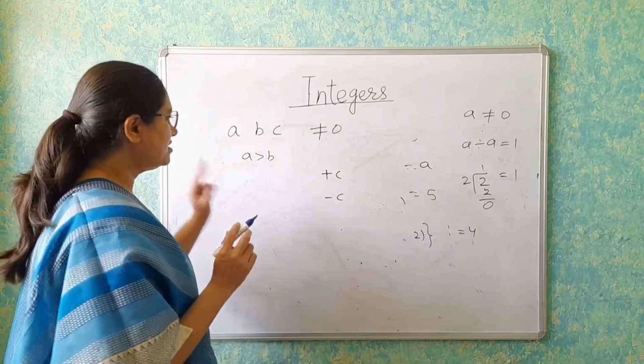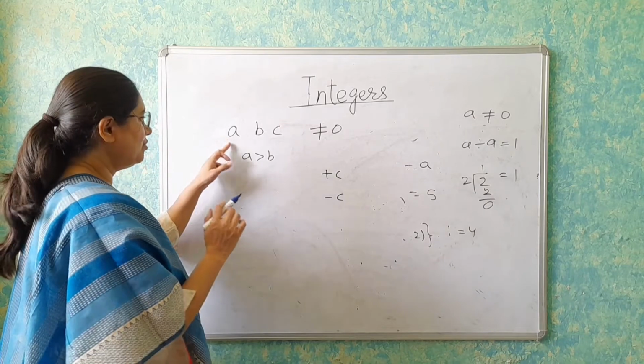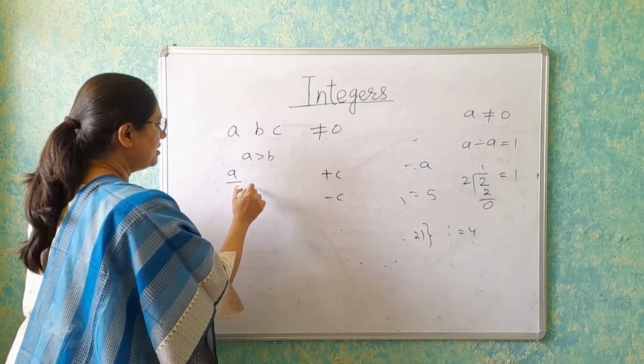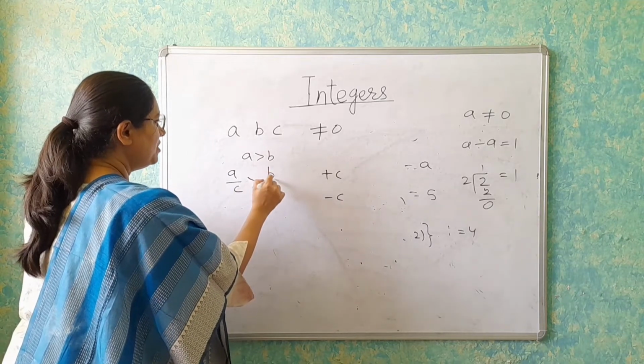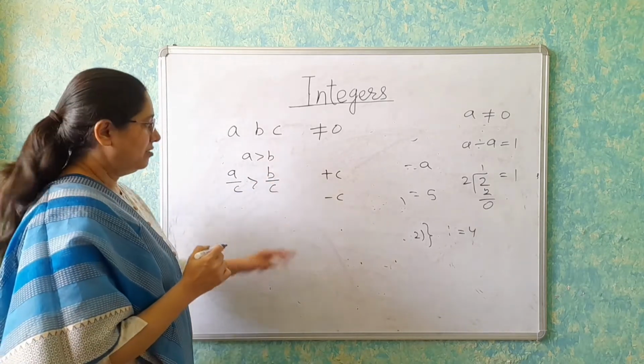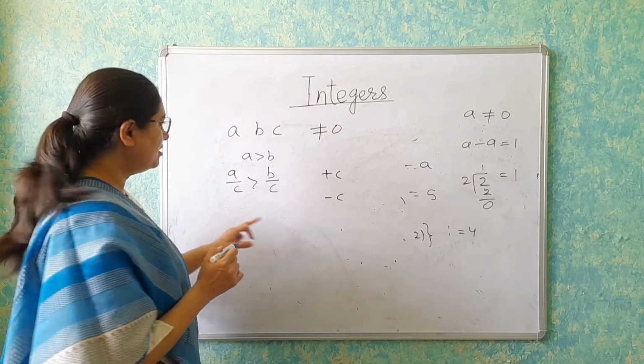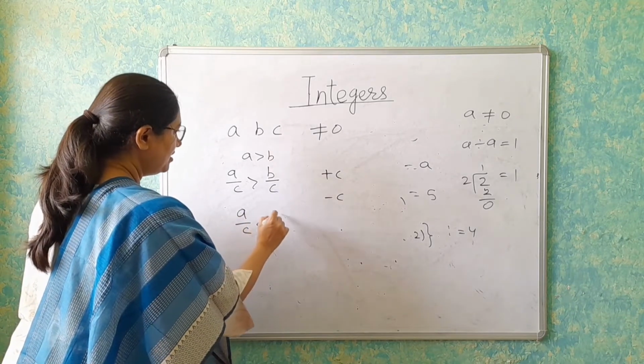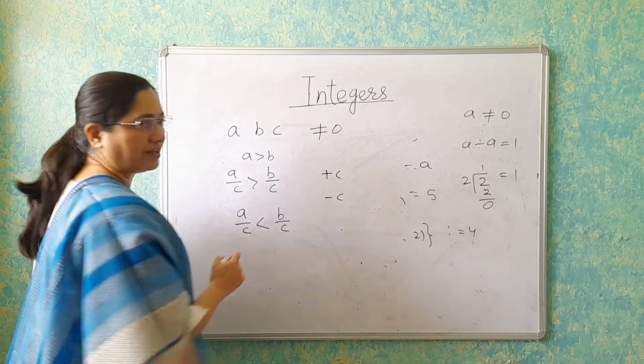In both cases, I will tell you what will happen. If c is a positive integer, in that case, a upon c is greater than b upon c. But if c is a negative integer, in that case, a upon c is smaller than b upon c.